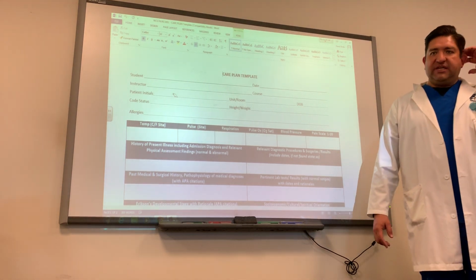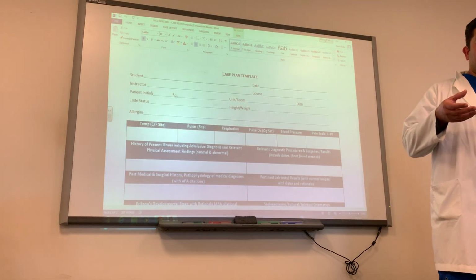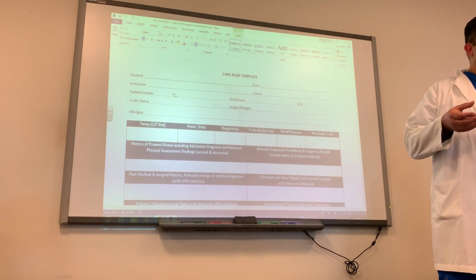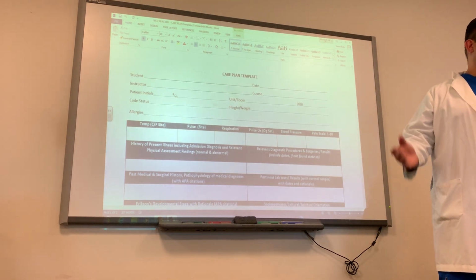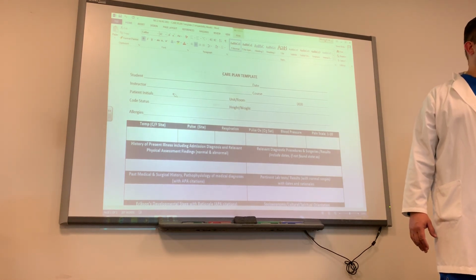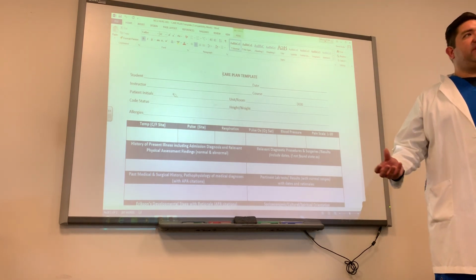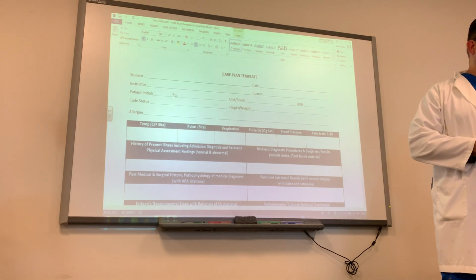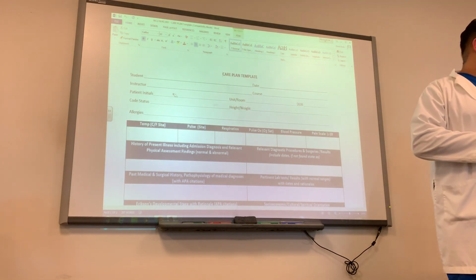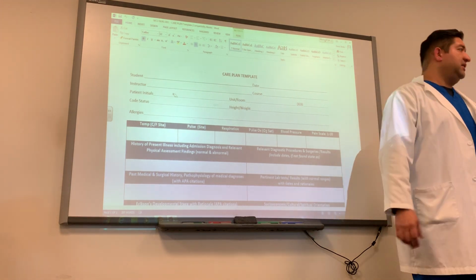One time, about a year and a half ago, a student brought back a whole chart of the patient. They copied it all. The official rule is you're not allowed to copy anything from the hospital, the nursing home, and bring it with you. It has patients' names, it has doctors' names, and you're not supposed to do that, so don't do that. Okay? Get all your information there quickly.